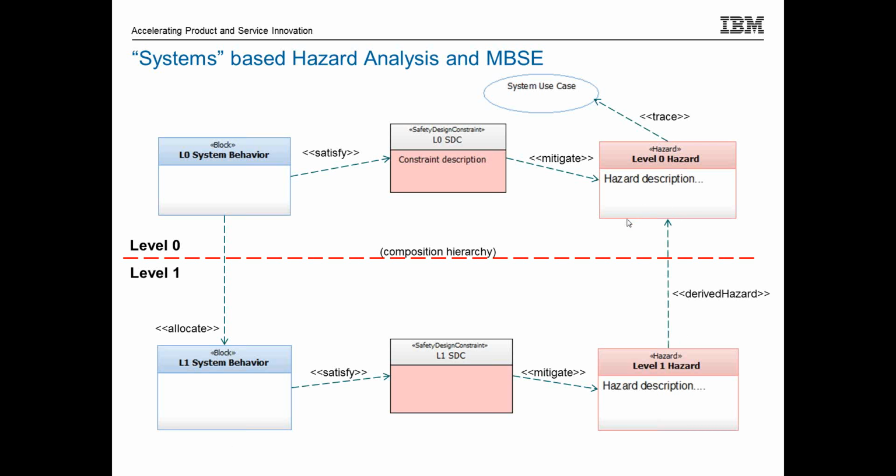You would have corresponding hazards derived from higher-level hazards. As we gain more insight into our design, in other words, as we introduce architectural decisions, technology decisions, and so forth, we want to restate our hazards in the context of those decisions. That's what we're doing when we derive a hazard. And then again, we restate the constraints we have identified in the context of the decisions that were made as we move to that next level.